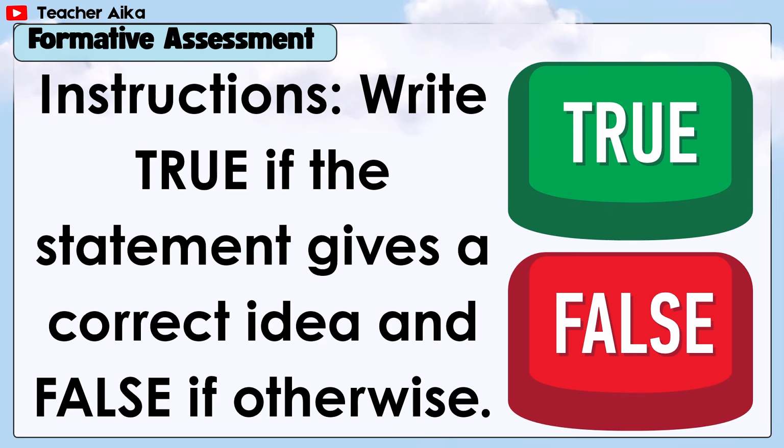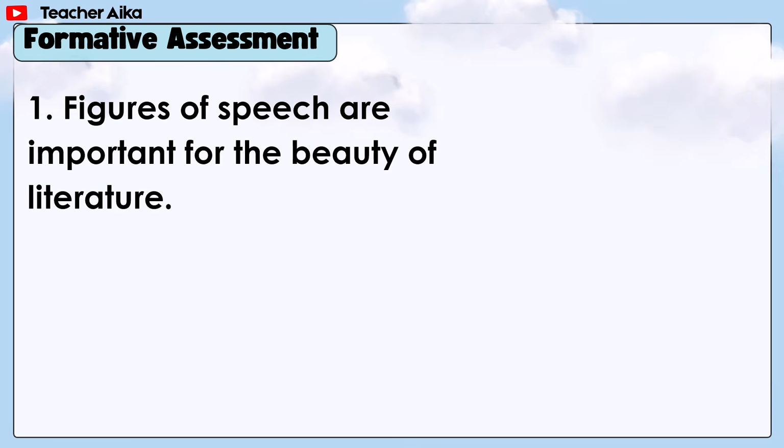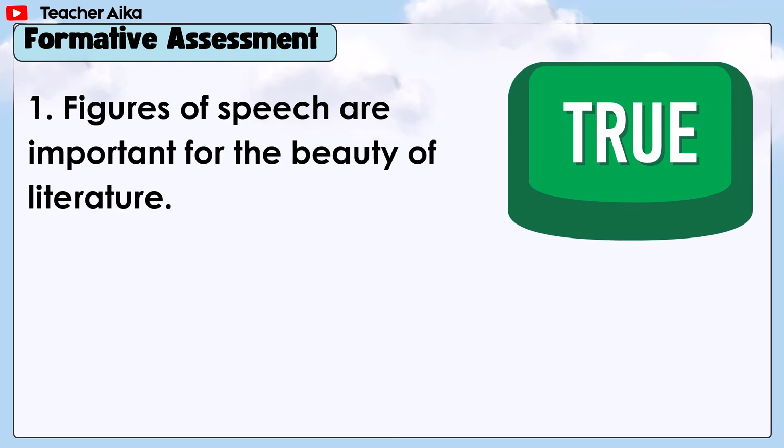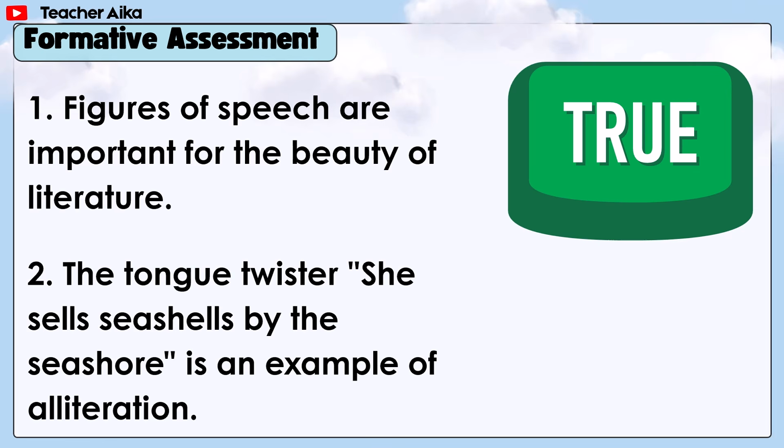Formative assessment. Instructions. Write true if the statement gives a correct idea and false if otherwise. 1. Figures of speech are important for the beauty of literature. Answer. True. 2.